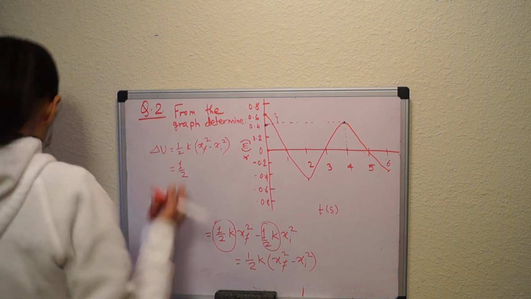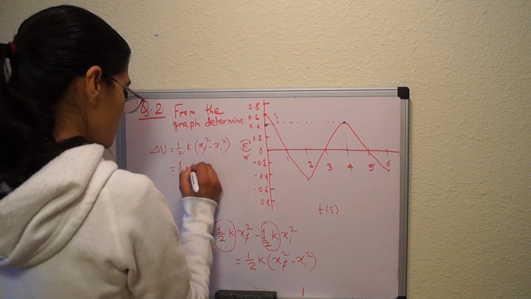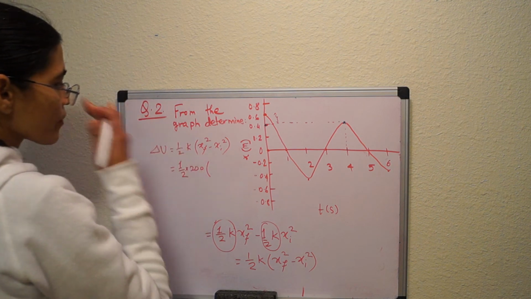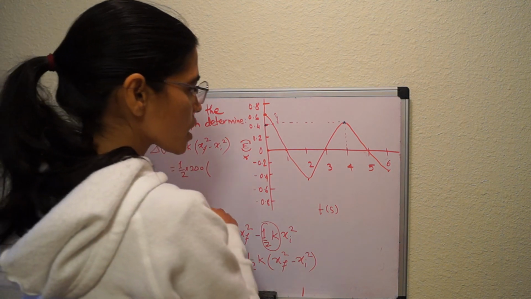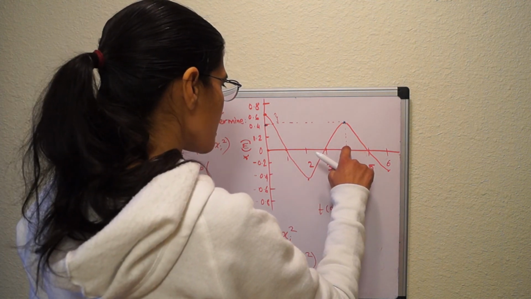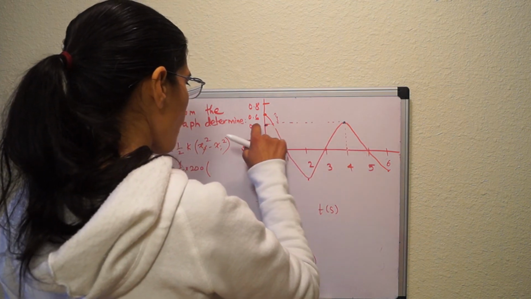But then we are given the value of k. What is the value of k? We were given at the beginning 200 Newton per meter, right? What is our final xf? Our final point is at 4 seconds, so at 4 seconds it has the position at 0.4 meter.